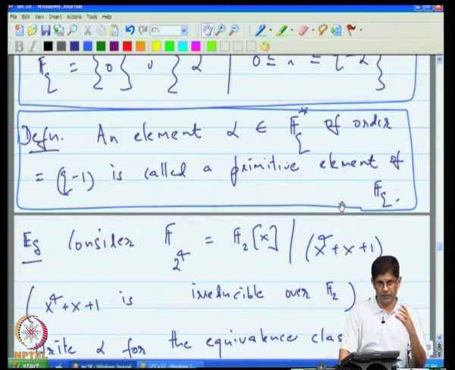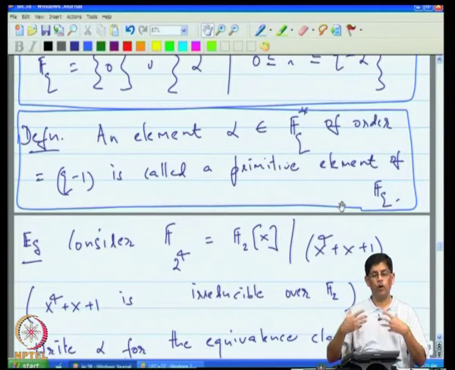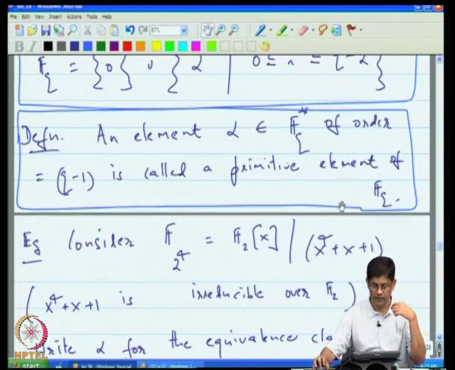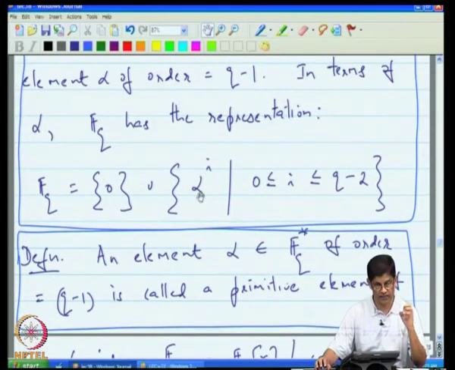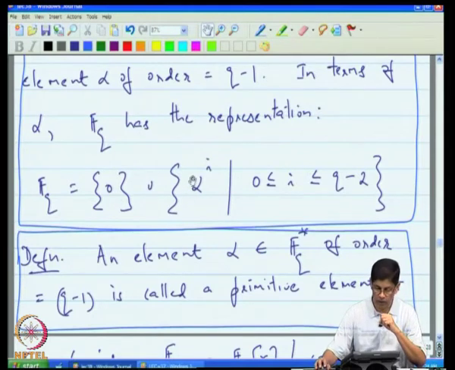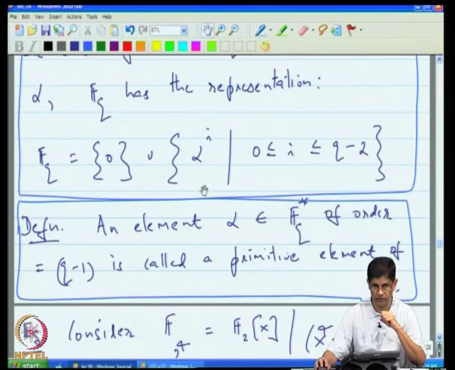The word primitive is used in the sense that it can be used to generate all the other elements in the field. It is a basic element from which you can build all the other elements, and you can see that here: apart from 0, all the non-zero elements in the field can be obtained simply by taking the various powers of alpha.